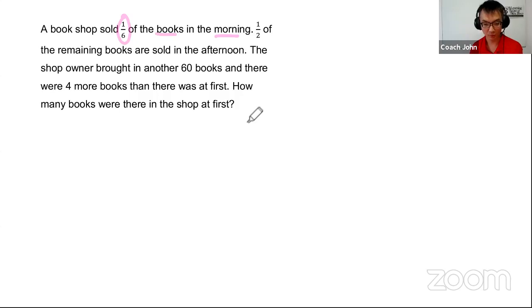Then if you want to separate the keywords into different groups, we have half of the remaining books in the afternoon, then the rest will be brought in another 60 books, and there are four more books than there was at first.